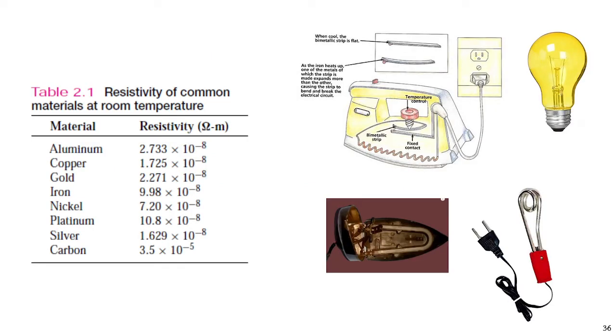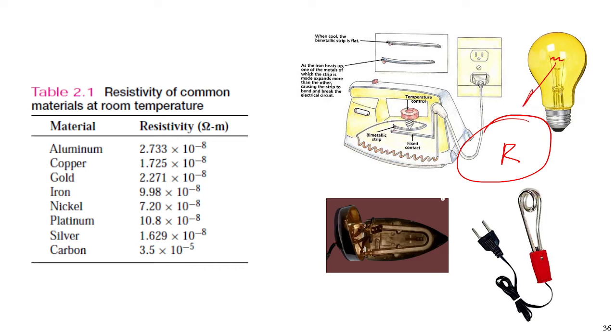This is an example of the resistivity of common materials: aluminum, copper, gold, nickel. And this is the material used in an incandescent lamp, and a heater. Inside the incandescent lamp is a resistance.